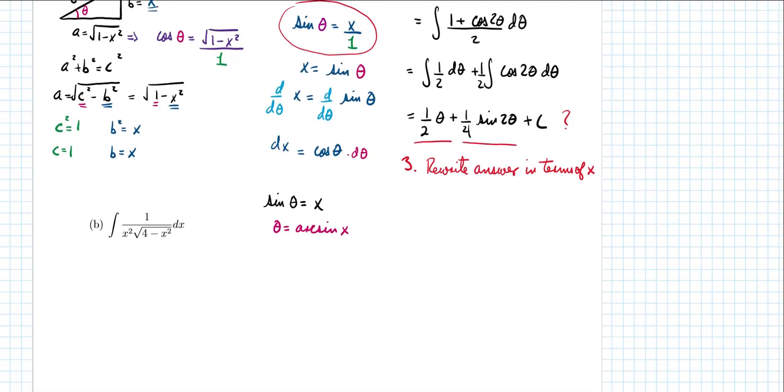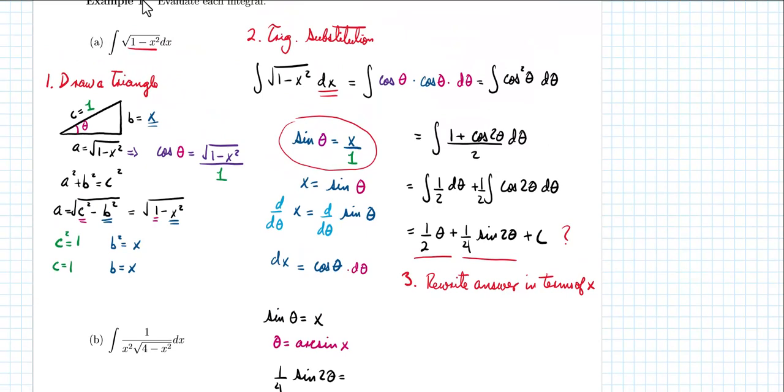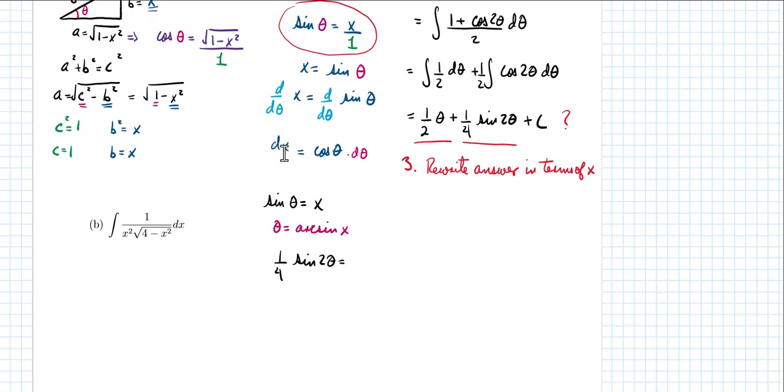What about the 1/4 sine of 2 theta? Can our triangle come to the rescue in this case? Well, unfortunately no, because our triangle here was only in terms of theta, not 2 theta. Nonetheless, I do see that I have a double angle, so we can go ahead and use our double angle identities here.